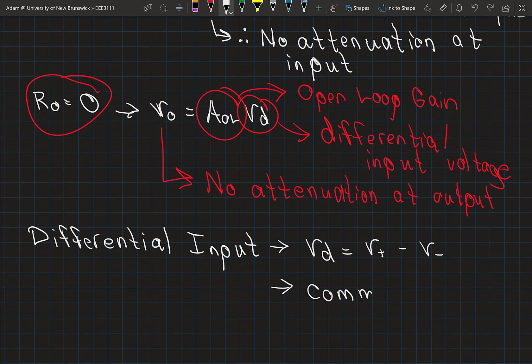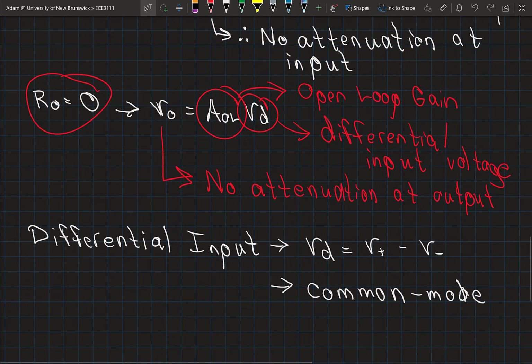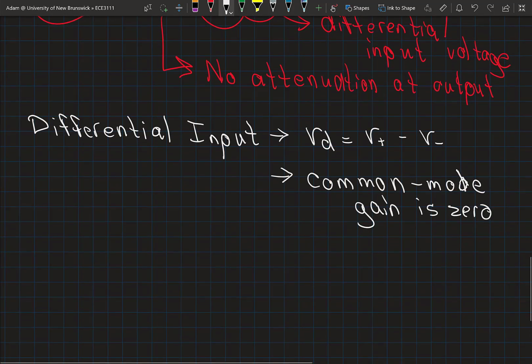the common mode gain is 0. Okay, what do we mean by common mode gain? Well, if I use a little diagram here, let me draw an op-amp.